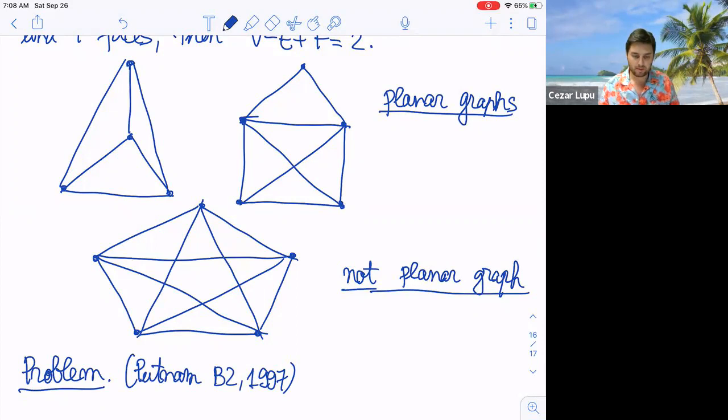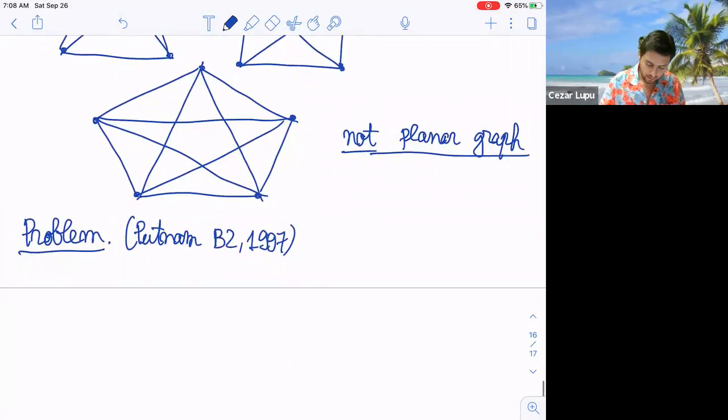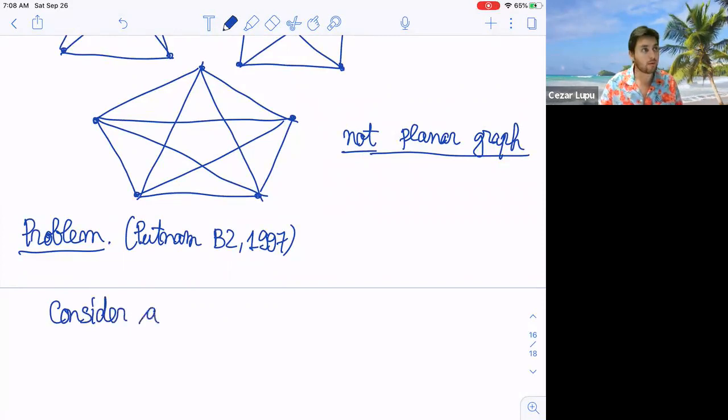Anyway, the problem says the following. So consider a polyhedron with at least 5 faces.